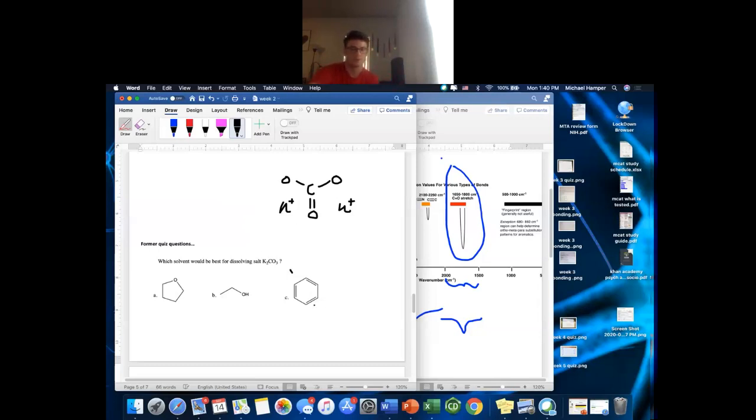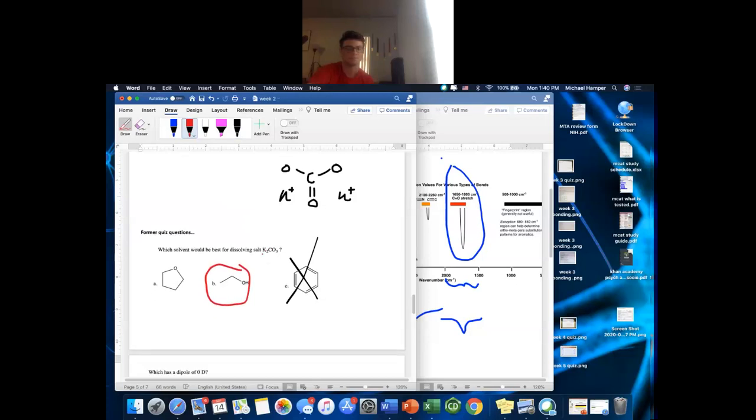It's definitely not that one, which is as non-polar as it can get. A is more polar than C, but it's not as polar as B. So yes, B would be correct.